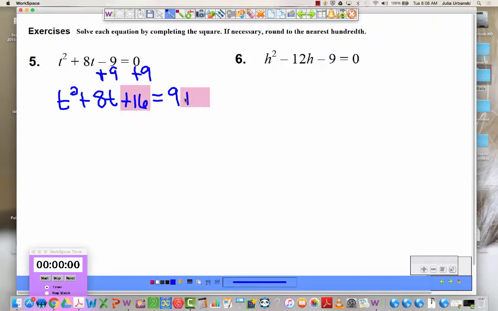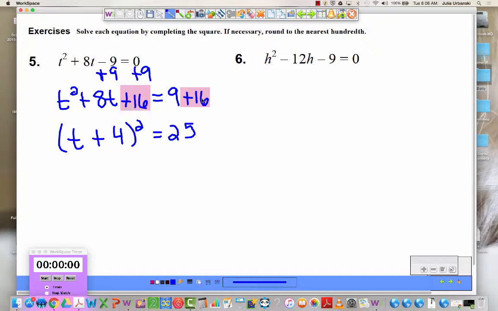Yep. Alright, so we have T plus, how do we know what number goes right here? It's the 4. Good. Half of 8, square root of 16, it's the same number. It's 4 equals 25.